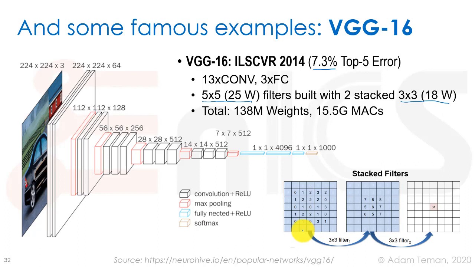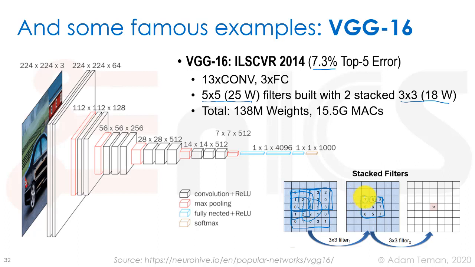So we have an input image, and we take a 5x5 filter. This is what we want to do, and that needs 25 weights to make this 5x5 filter. So instead of running a 5x5 filter, we take a 3x3 filter and run it over this like this, right? As we saw before, we slide it across, and it reduces our 5x5 area into an area of 3x3.